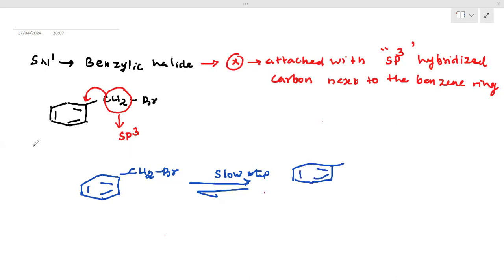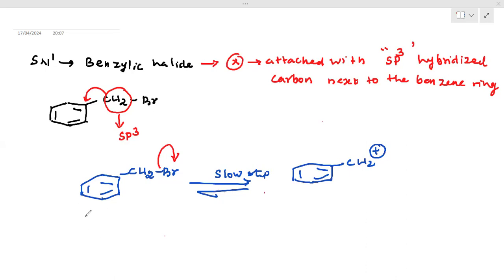Bromine is the leaving group. When it goes out, we get the benzyl cation, CH2 plus. How this benzyl cation stabilizes is very important.